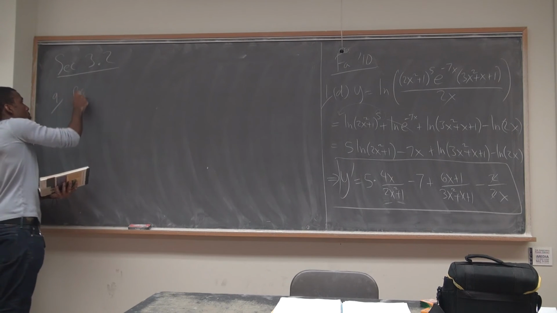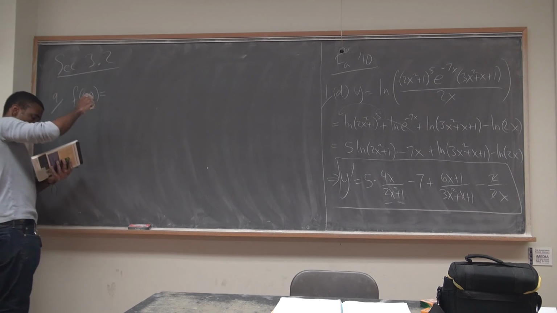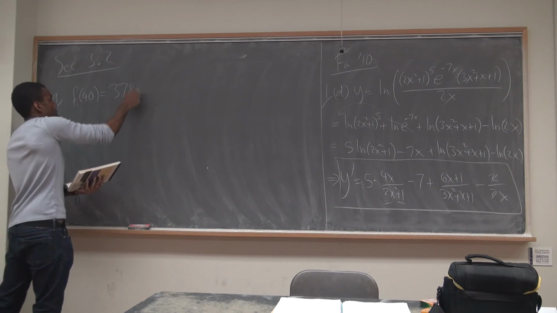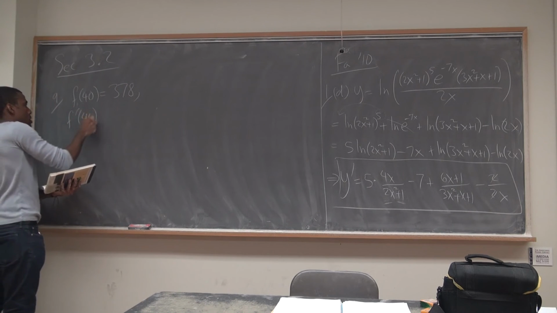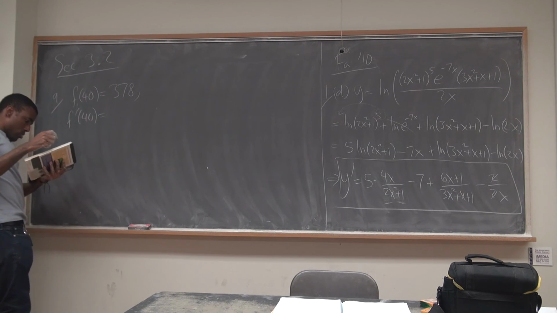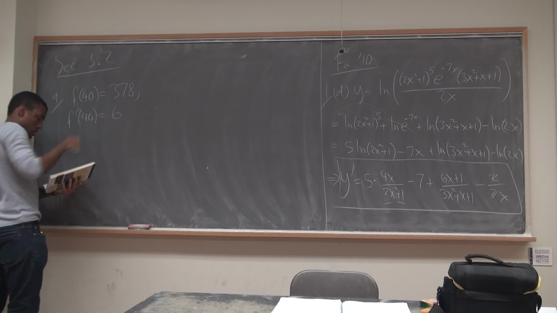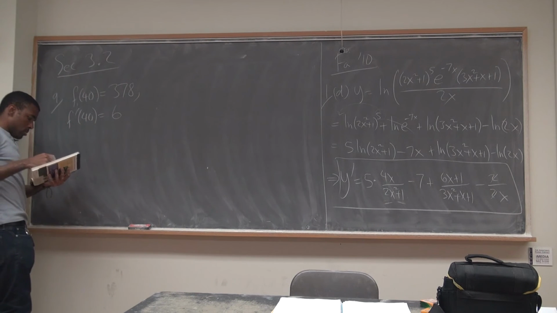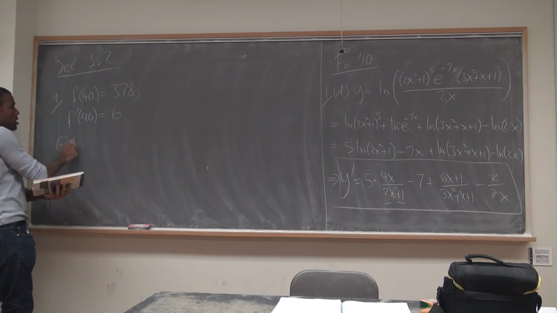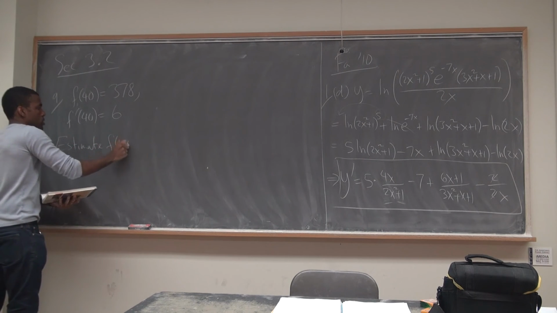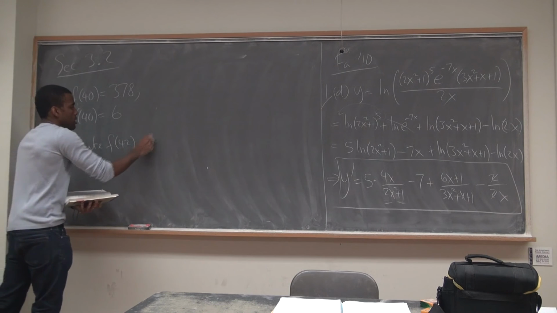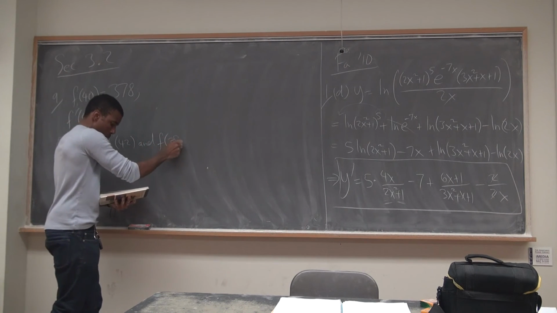We're told that f of 40 is equal to 378, f prime of 40 is equal to 6. Estimate f of 42 and f of 38.5.